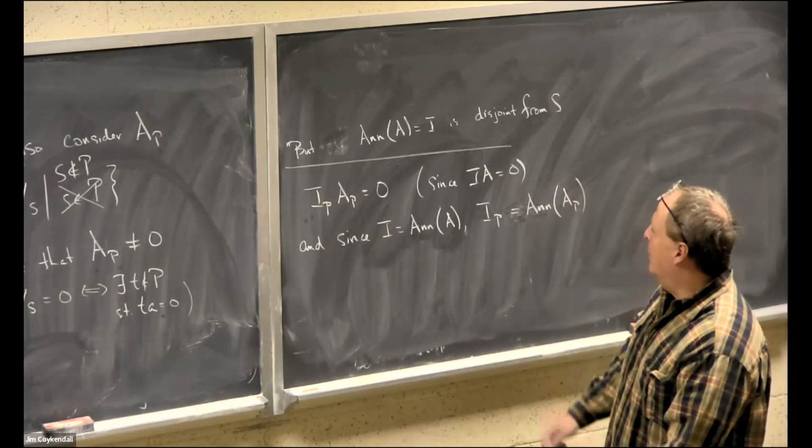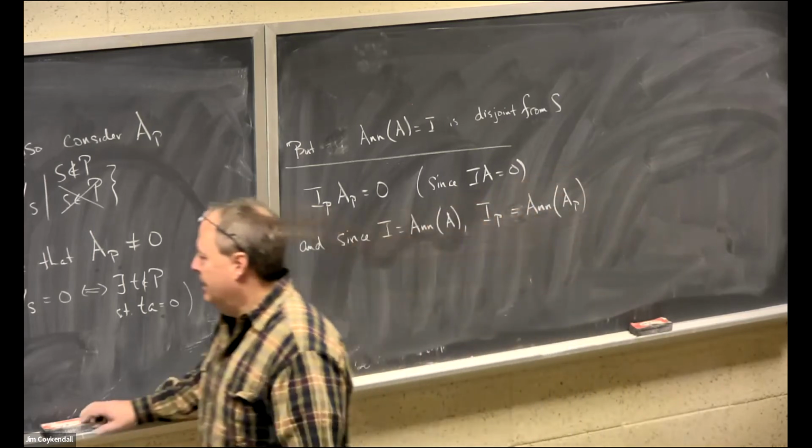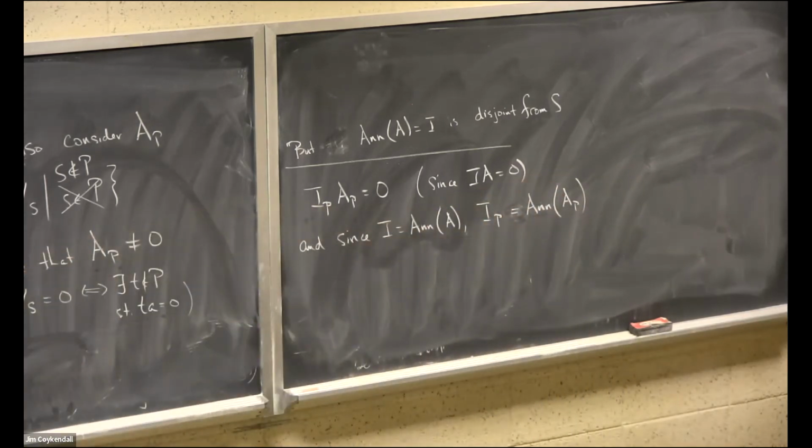So now we've sort of simplified things, right? Because R localized at P is now a local ring. It's still Noetherian, and now it's got a unique maximal ideal.